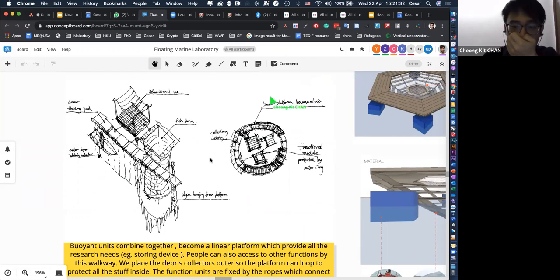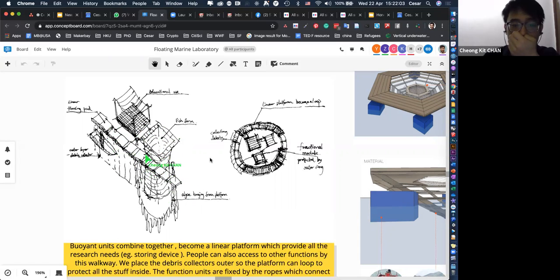A kind of learning from Oswin and Ceci that modularize the platform, which can provide buoyancy, basically separating all the things into small units. The pattern of how we connect them would be in a linear way. The fish farm and the lab or some educational place can share a single channel to be connected.